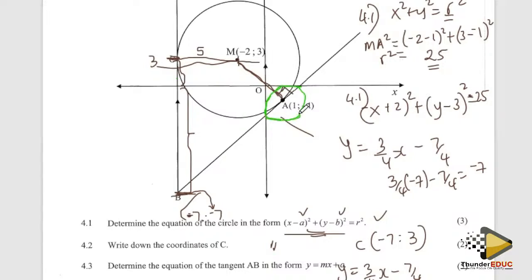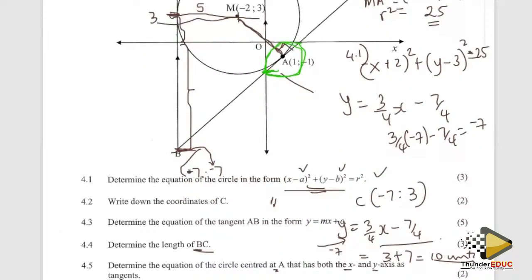The only thing I need here is the radius. For me to get the radius, I can get the y-intercept. Do we know the equation of AB? Yes, we got it. So the values at that point are 0 and -7 over 4. Then I'm going to use these values and the 1 and -1 to try to get the radius.